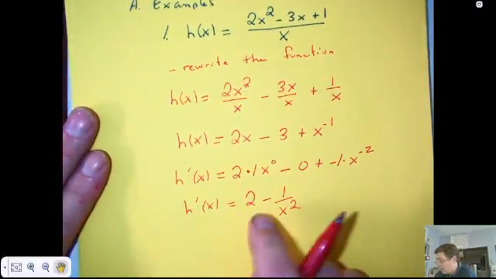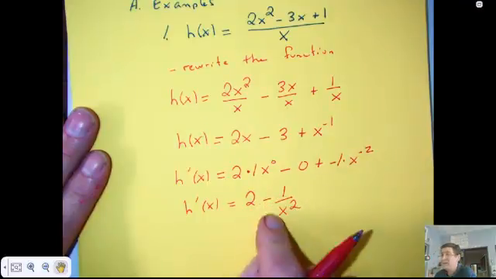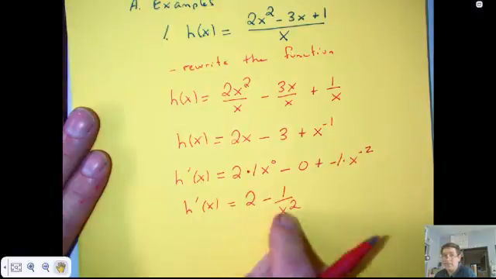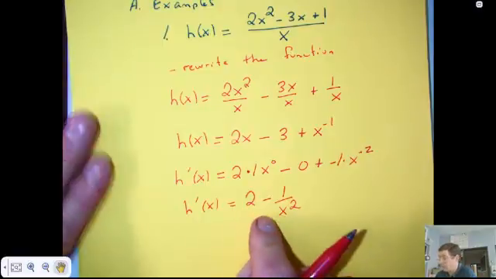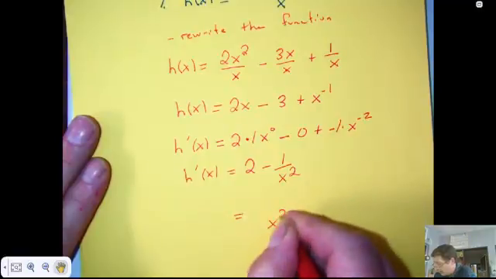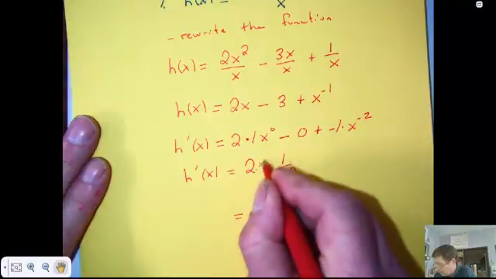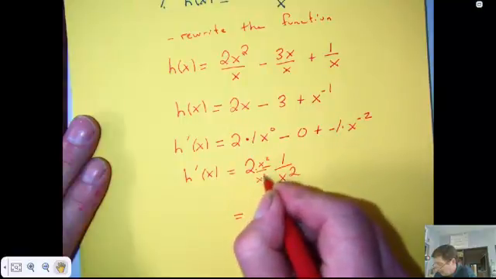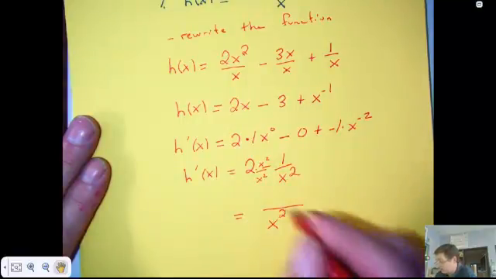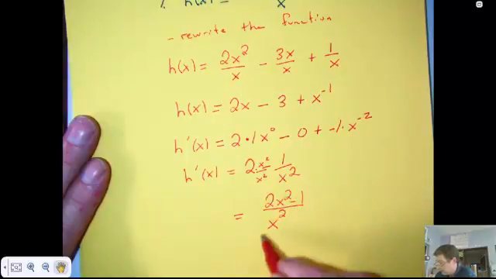But this one is a fraction, this one's not. So we usually like to get this as a single fraction. So I need a common denominator, which would be x squared. I'm going to take this to 2 times x squared over x squared. Get that denominator right. So the answer would be... And there it is.